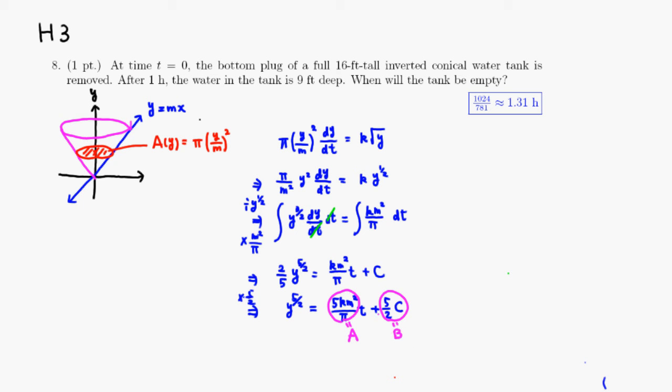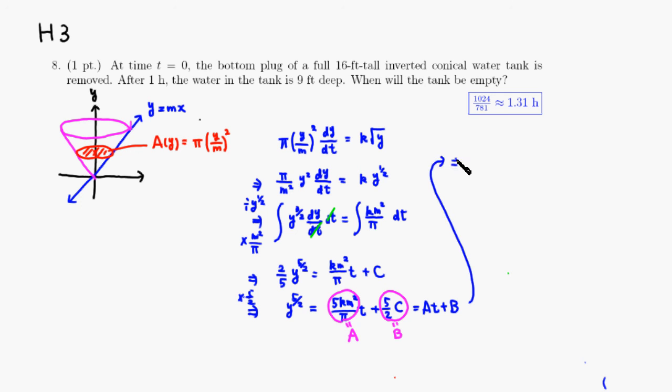So we have y to the 5/2 equals A t plus B. If we want to isolate y, we can raise both sides to the 2/5 power.